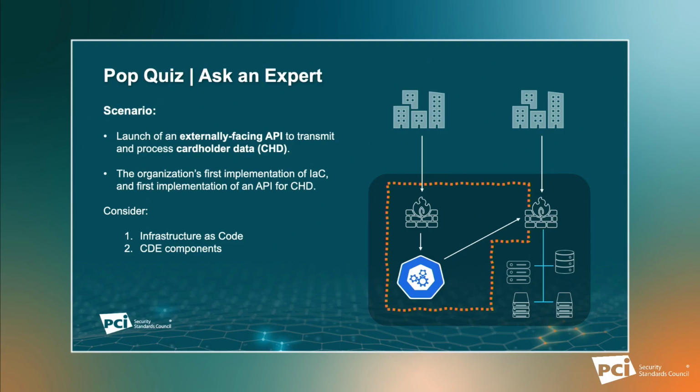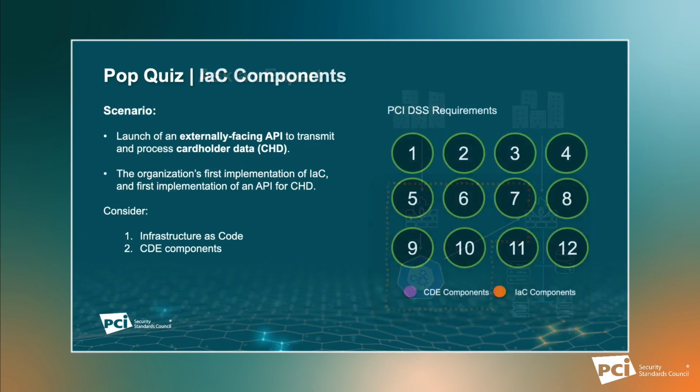So the focus of this exercise is really to identify the applicable PCI DSS requirements for this new API. The analysis will cover both what it means for infrastructure as code and CDE components. So Jake, the first implementation of an infrastructure as code environment, which are the relevant PCI DSS requirements here?